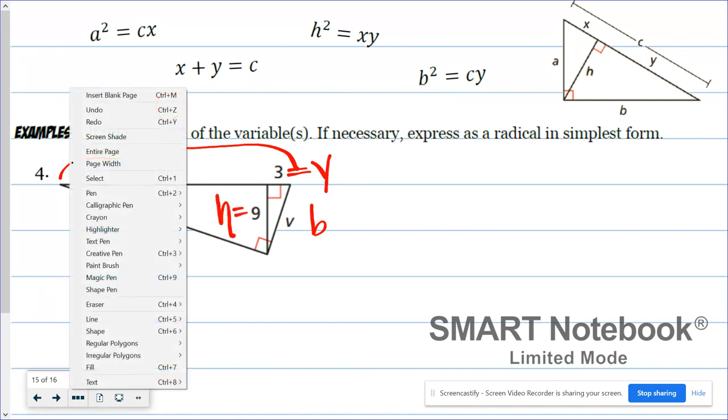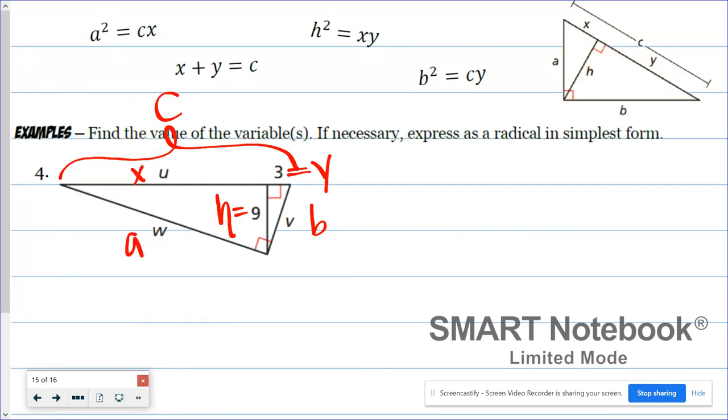Okay, so let me highlight what we know. So we know H is 9, and we know Y is 3. And we have to find everything else. Like we have to find A, we have to find B, we have to find X, okay?